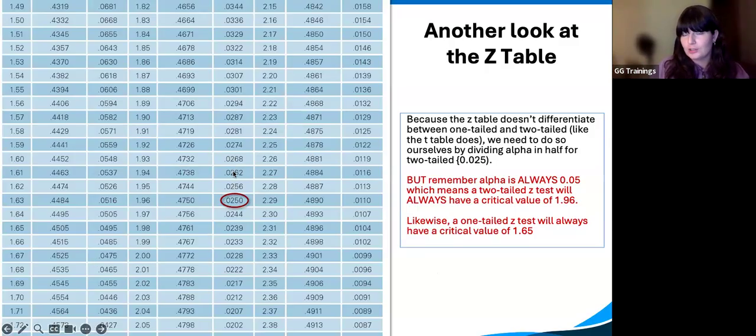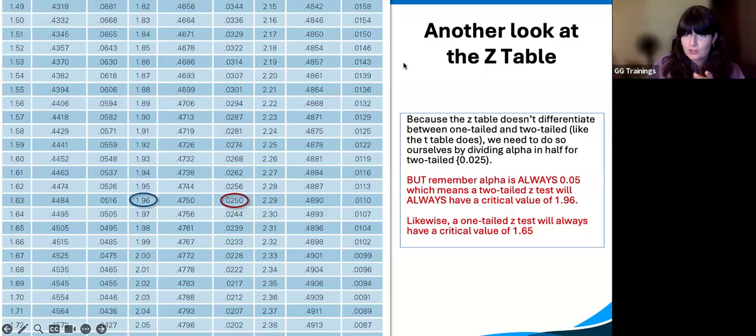In which column? We're looking in the C column. Always, always the C column. Why? The C column was area beyond Z in tail. Our alpha always sits in the tails, because the rejection region is far away from the population mean. Okay, so 2.5%, we find it, and we need to match it with a Z value in the A column, and that is 1.96.